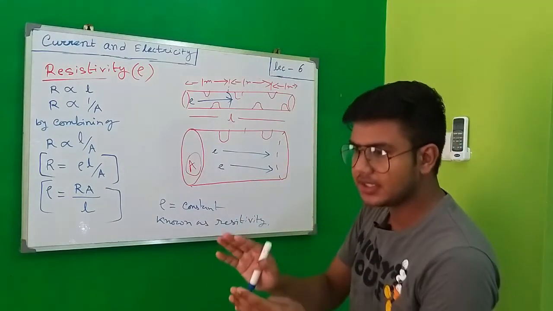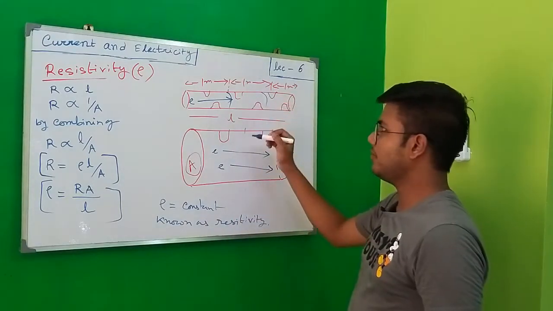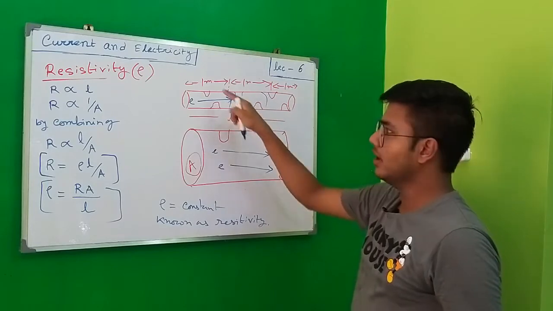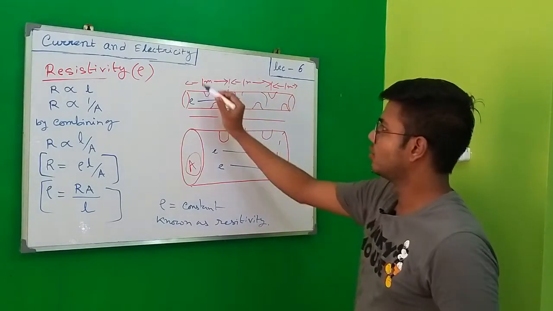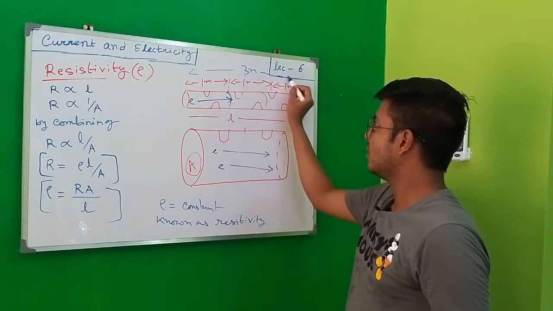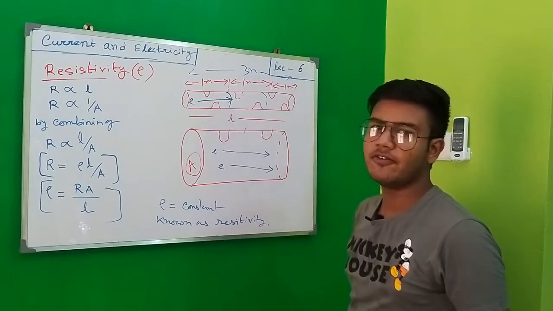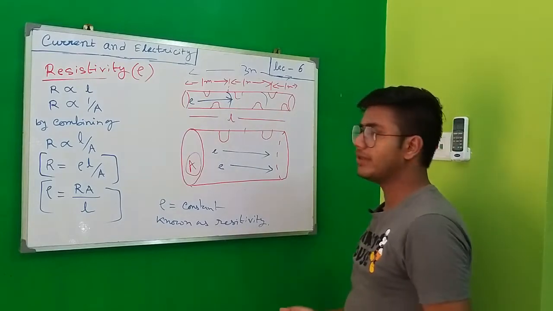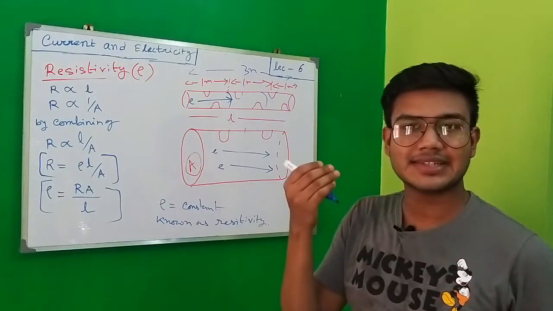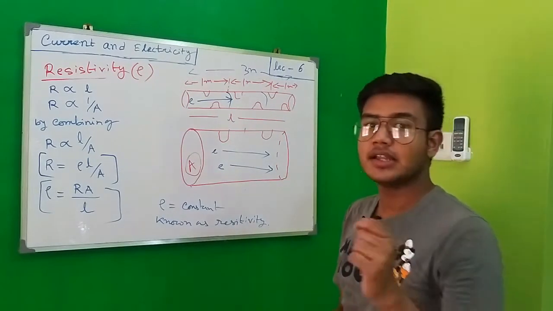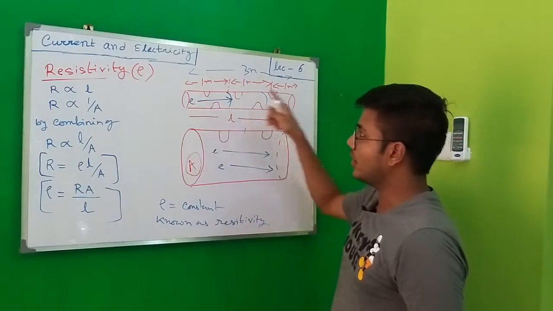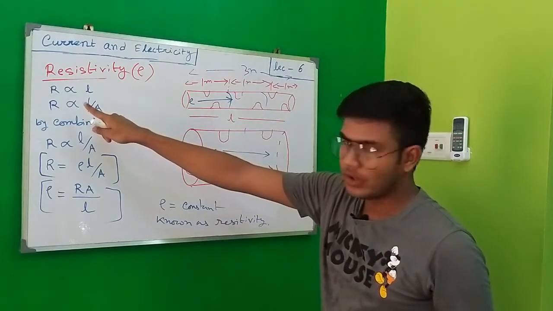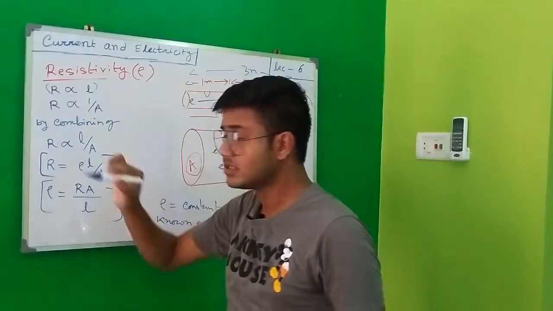If you add another 1 meter, then in that wire there are 4 impurities. If you add another one, the total is 3 meters, and you get 6 impurities. We know that impurities increase the resistance as they block the flowing electrons. So if you increase the length, the resistance will also increase. That is the first dependency.